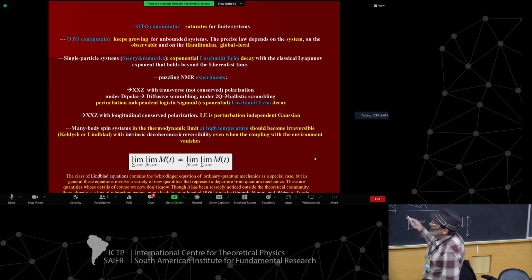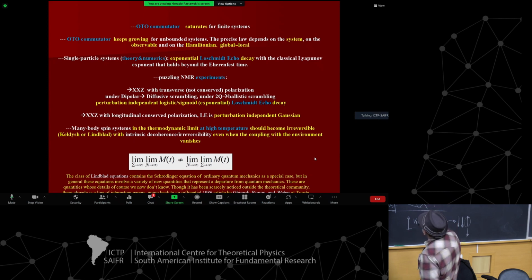For me, OTOCs are those things that correspond to the quantum coherences. There are particular ones. These keep growing in unbounded systems, and the precise law depends on the system and on the Hamiltonian that I implement.